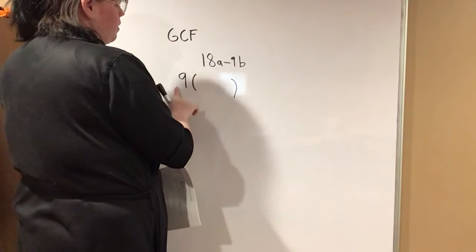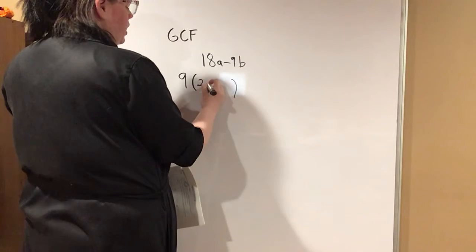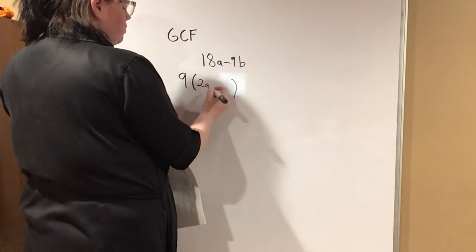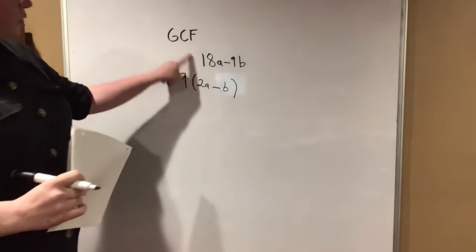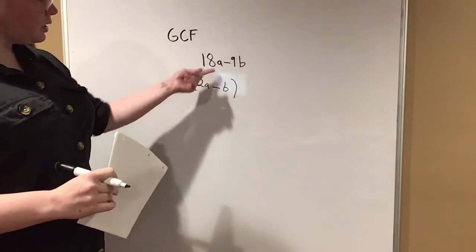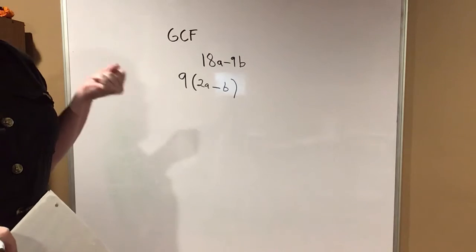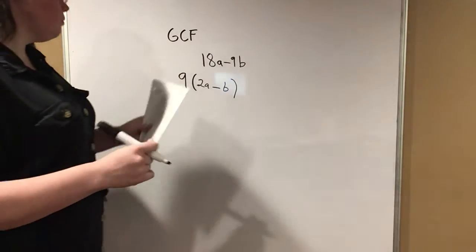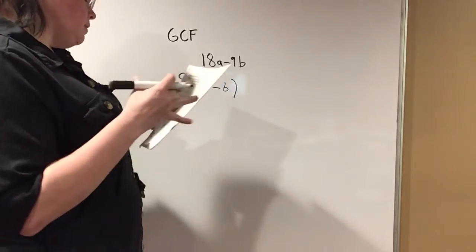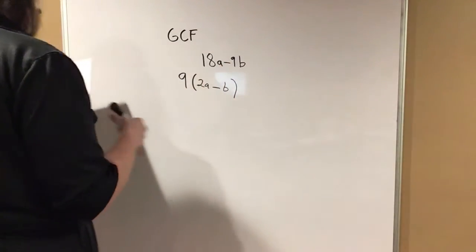But 18 divided by 9 is 2a. 9 divided by 9 is 1 minus b. Because if I were to take this back in and multiply it through and distribute, I'd get the exact same thing. We're just pulling out, and then if you want to distribute it back in, that's great. You're just expanding it. I guess you need to do that.